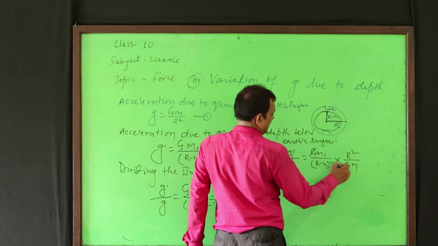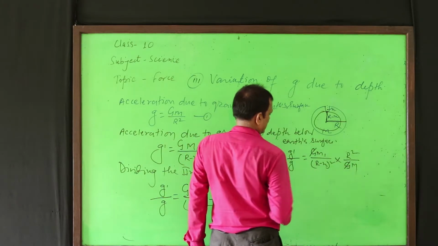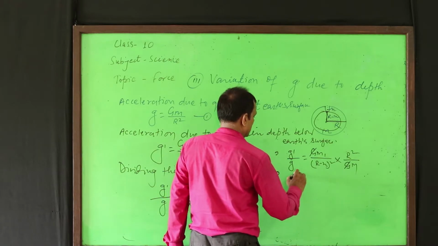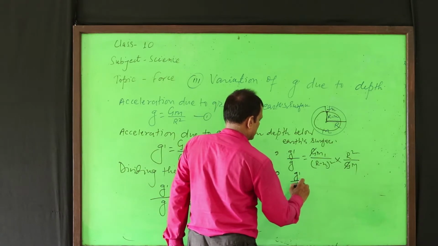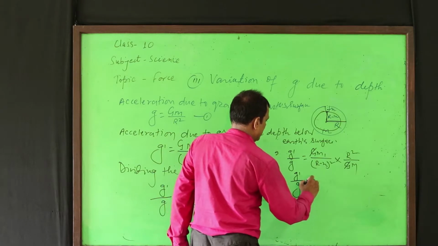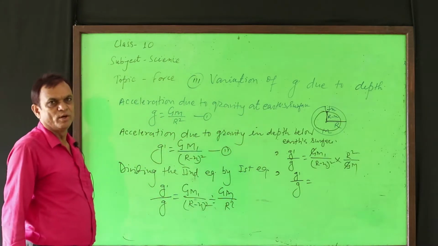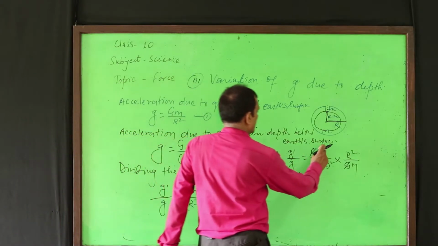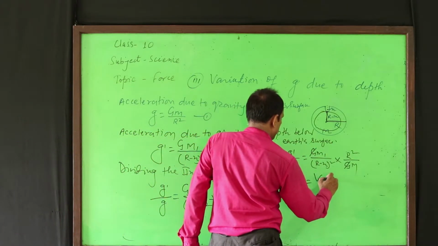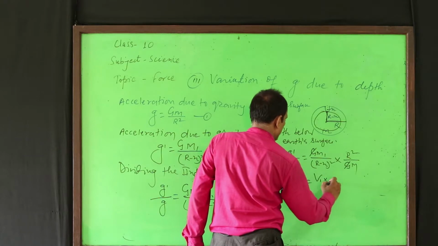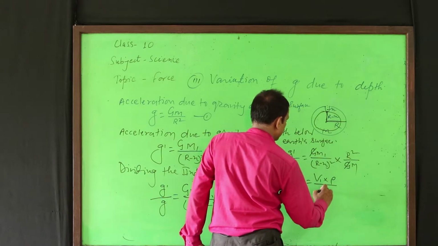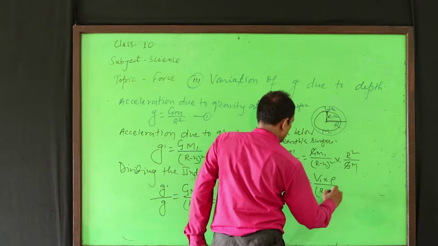This capital G cancels with this capital G. Now using the formula of density for the mass, we get g dash by g equal to V1 into rho by R minus x whole square into R square by V into rho.